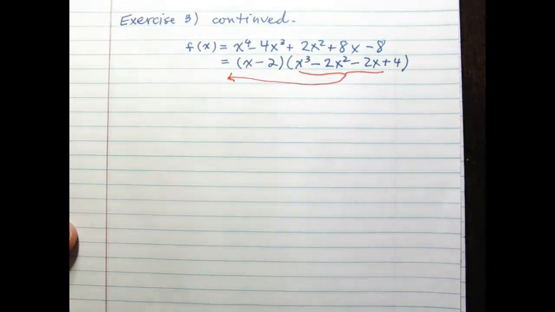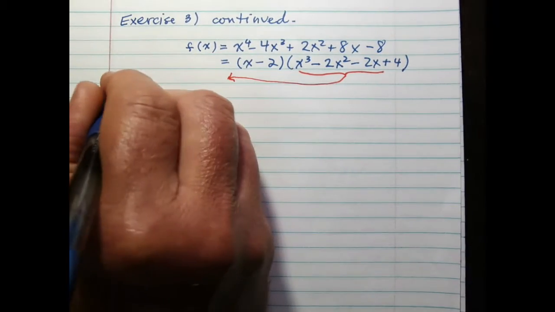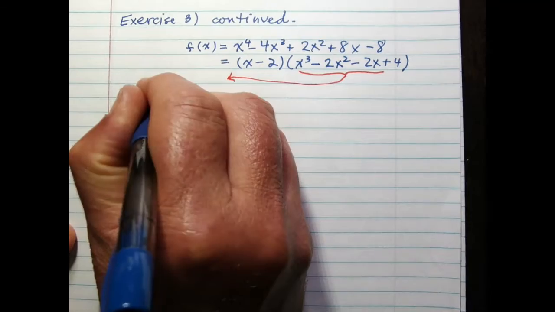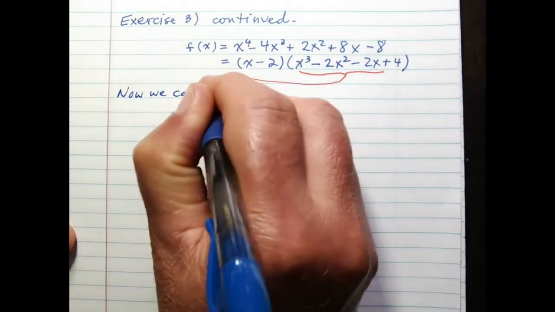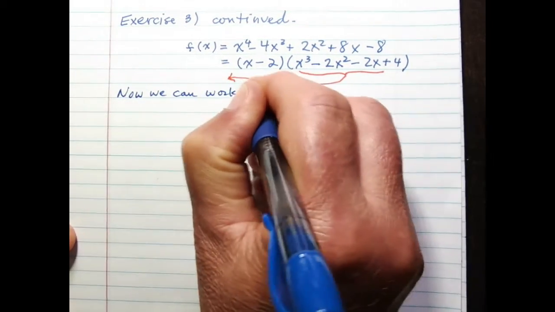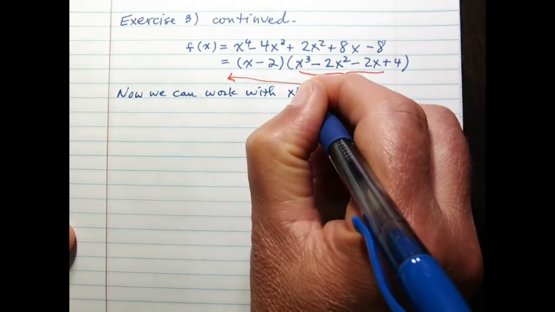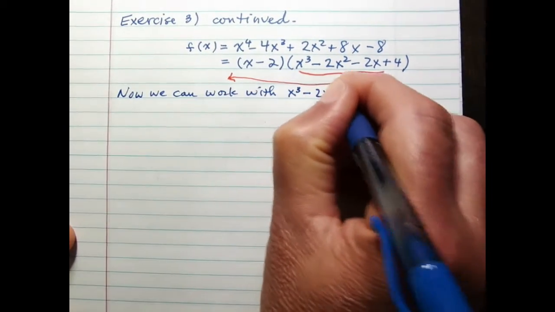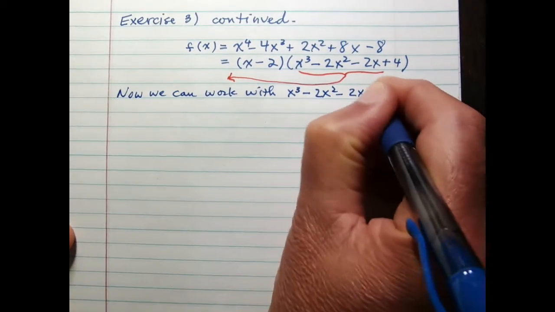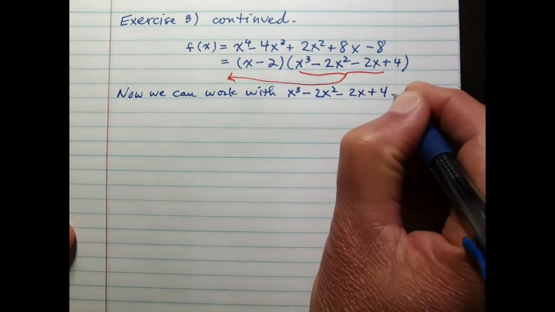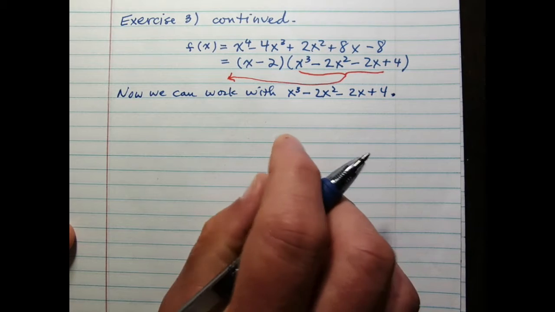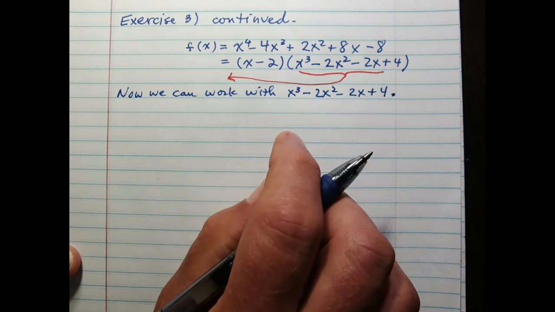Do you see that at this stage we can work with just what that quotient was, x cubed minus 2x squared minus 2x plus 4? It's like its own little subproblem of this larger exercise.